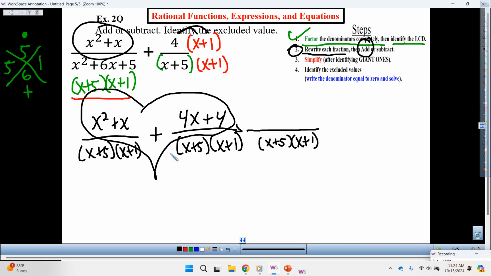Was it Franco? Renzo, pass someone. Who? Joseph, let's go. What do I write? X squared plus 5x plus 4. Have you got that? That is correct. And we now move to the last step, which is to simplify.